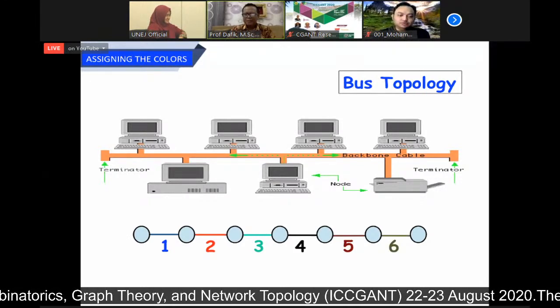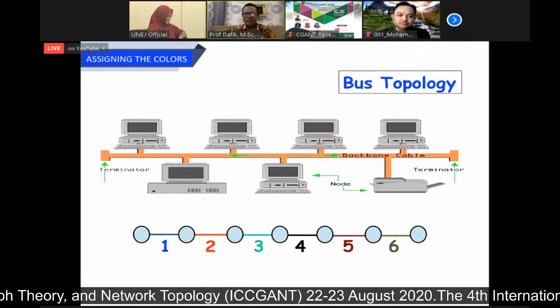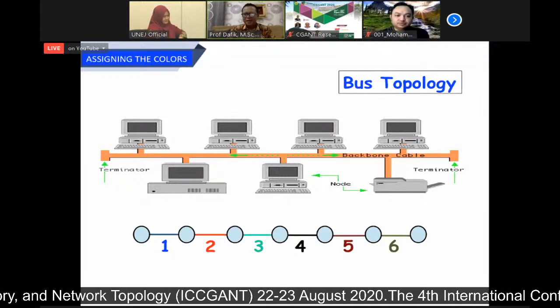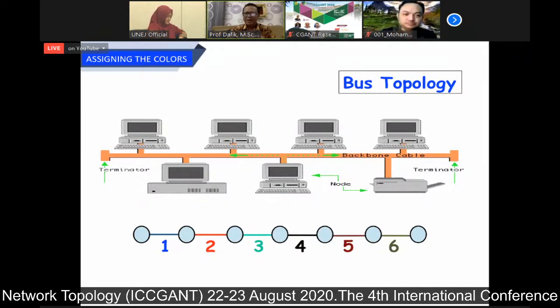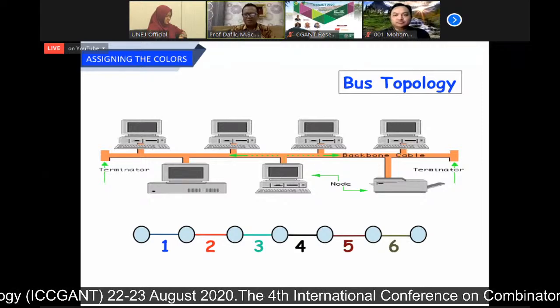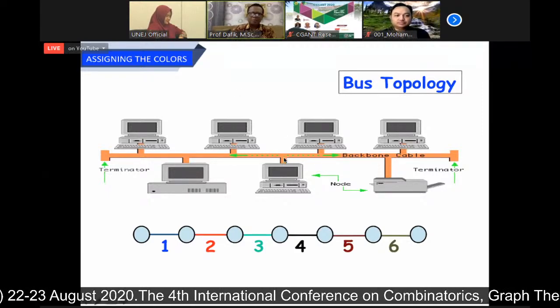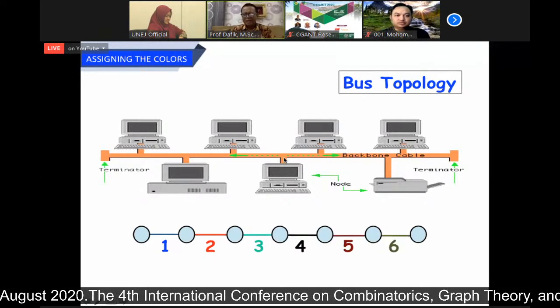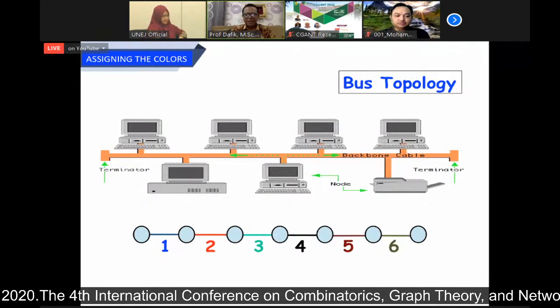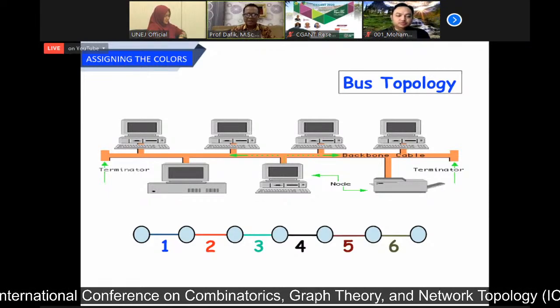So every 2 adjacent edges could have the same color. But in a proper coloring, 2 adjacent vertices or 2 adjacent edges must have different colors. But in rainbow, we can give 2 edges the same color.